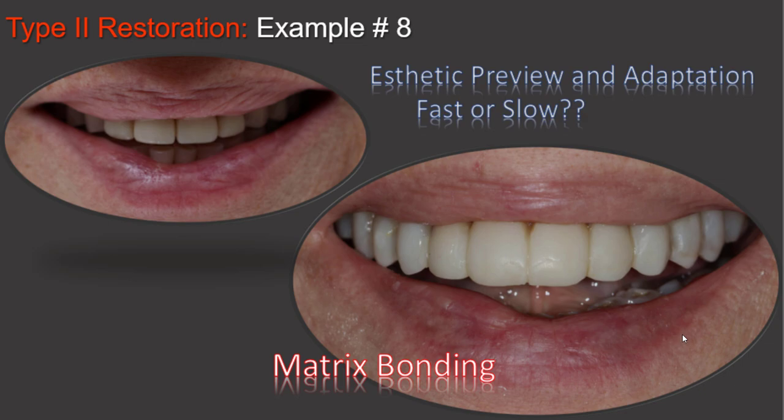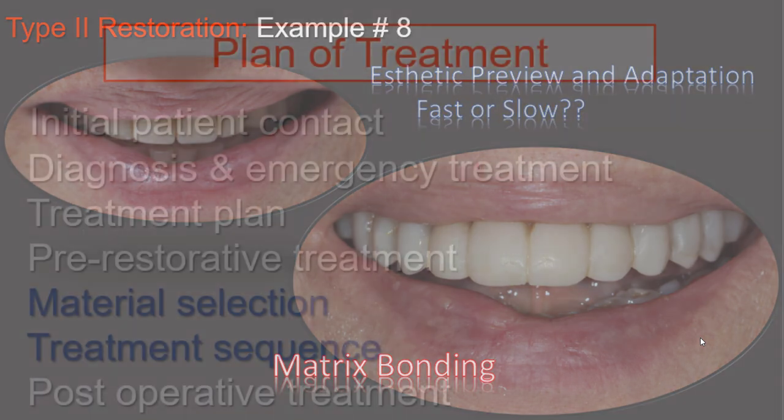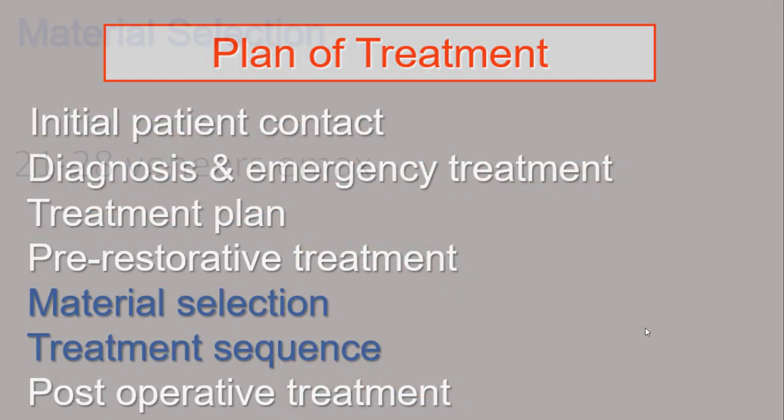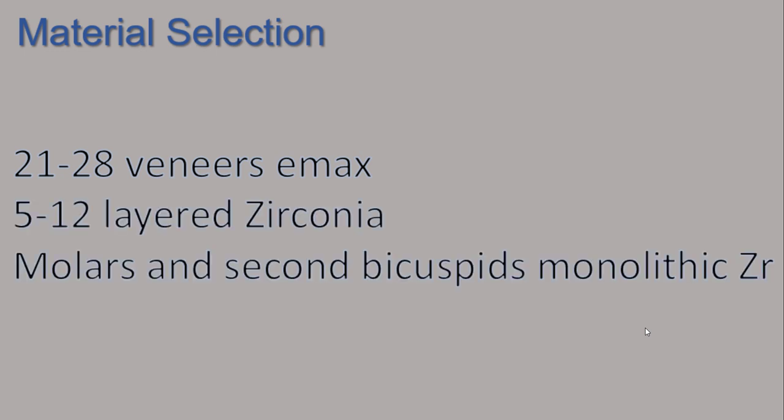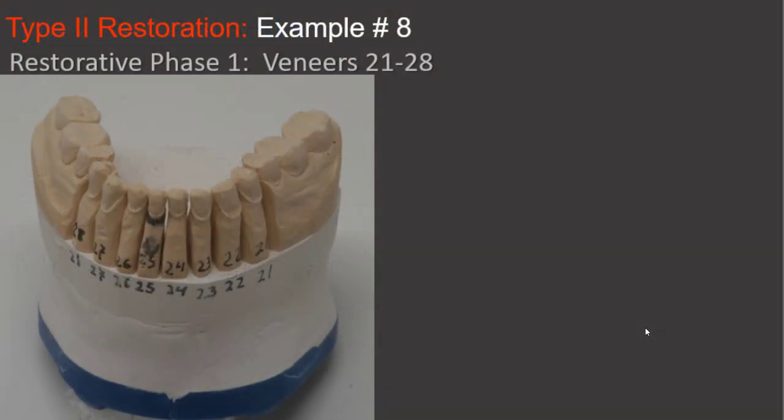It gives you a lot of time to evaluate the final contours. And so when you do a permanent cementation, the patient's happy, and you really have successful patients, and you'll get those referrals. Again, materials, we're going to use similar materials. We did Emax veneers, layered zirconia in the upper aesthetic area, and monolithic multi-layered zirconia.